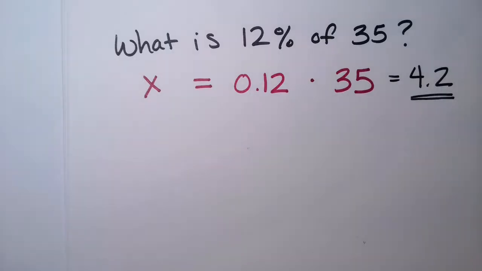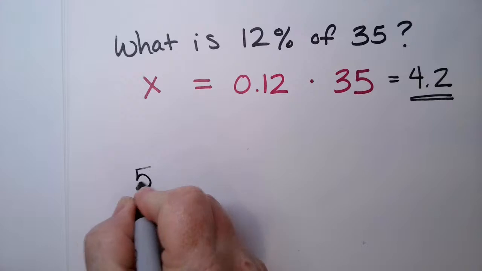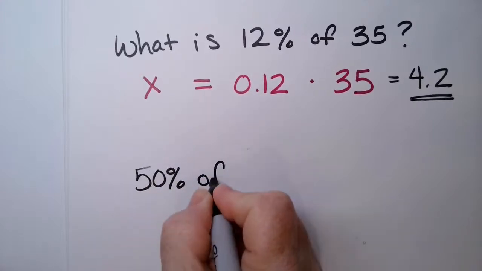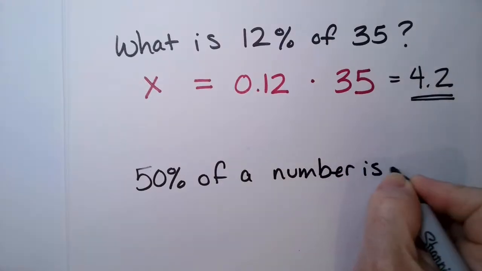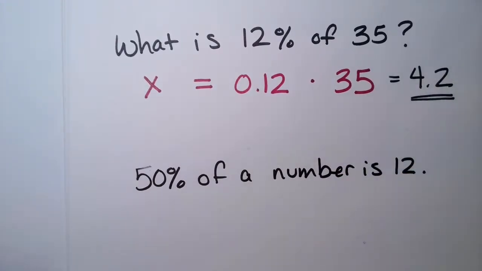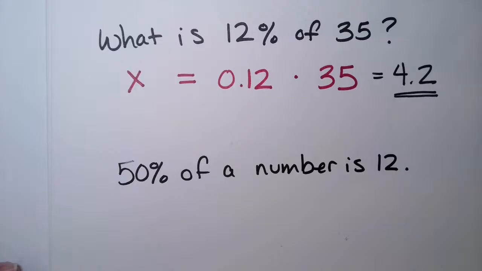Okay, what if I gave you one that looks a little different? What if I said 50% of a number is 12? What's the original number? Can you just do this one in your head? 50% of a number is 12.